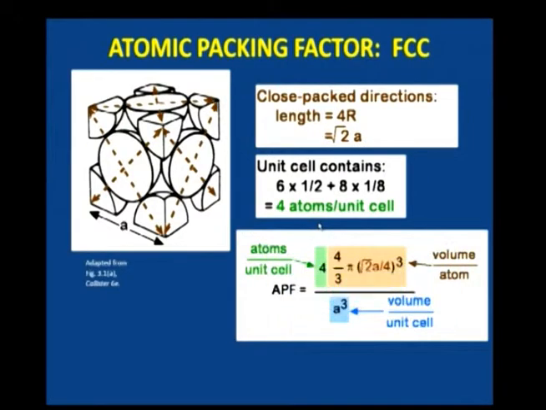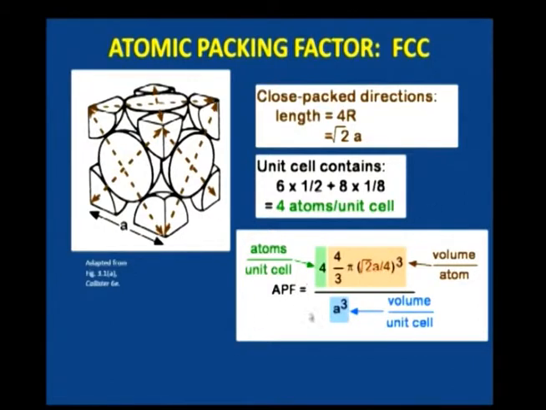There are 4 atoms. And now, as you have done in the earlier case, 4 atoms are there, 4 times 4 by 3 pi r cubed, with r equal to root 2 into A by 4, the whole to the power of 3.